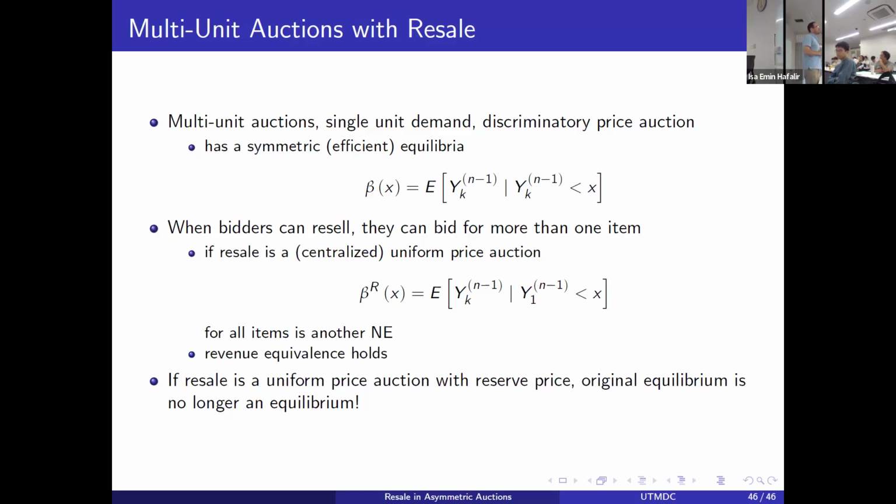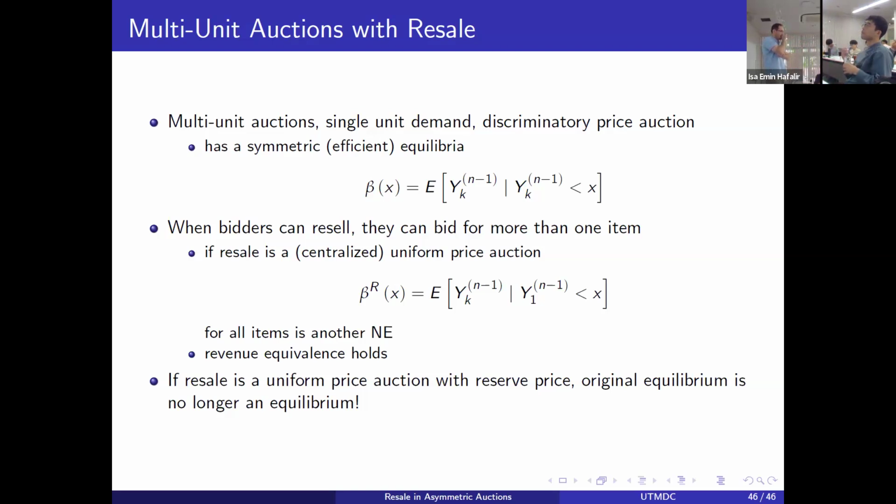Okay, so this goes back to Garratt and Tröger's speculation idea. Let's say that their econometric paper was something like this. In the main model there is only 1 serious buyer, and then there are 2 serious buyers and 1 speculator, or 1 serious buyer and 1 speculator, and basically even the speculator who has no value for the object, due to the resale possibilities, will bid like a real bidder, right?